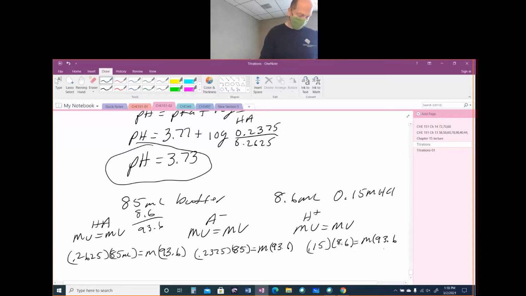All right, so we got to get our three concentrations. So we take our 0.2625 times the 85 divided by the 93.6. That is a 0.2384. We take our 0.2375 times 85 divided by 93.6.